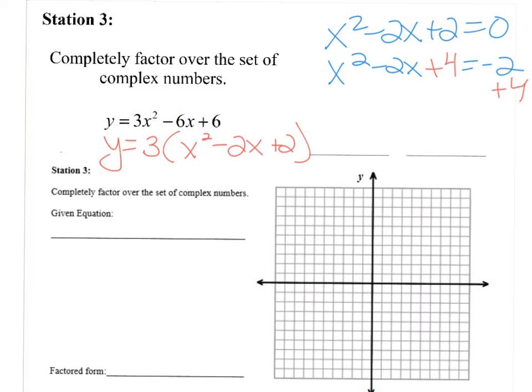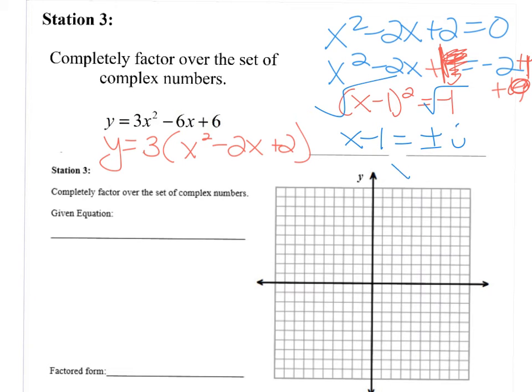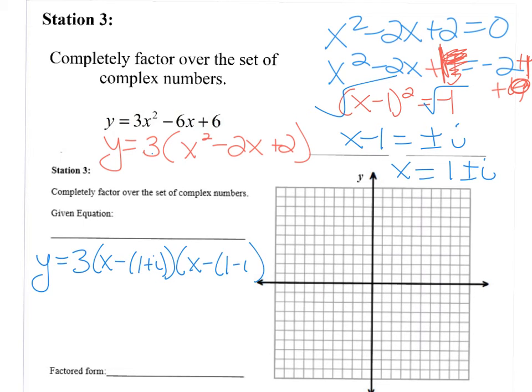It won't let me erase. Half of 2 is not 2. Half of 2 is 1. Squared is 1. So we're going to add 1 to both sides. And now we can square root. And add the 1 over, so we get 1 plus or minus i. So our factor, the 3 is the leading coefficient. We're going to have x minus (1 plus i), x minus (1 minus i).